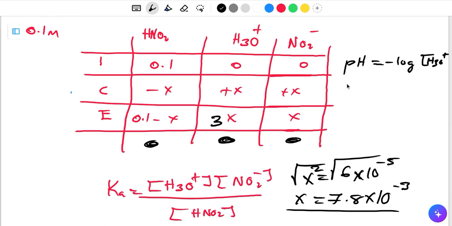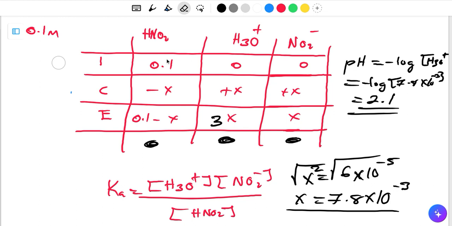So negative log of 7.8 multiplied by 10 to the power negative 3. I'm getting 2.1 as my pH. So that is how you're supposed to answer that.